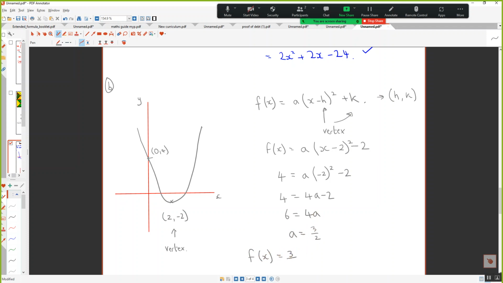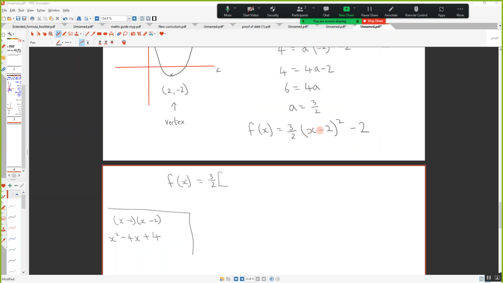So then we can expand it all. Go ahead and do that for me. Is that okay? So I expanded my x minus 2 all squared. I get x squared minus 4x plus 4. But we need to finish it off. Right, then I need to expand out the 3 over 2.